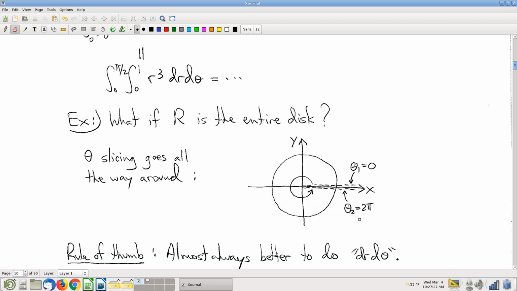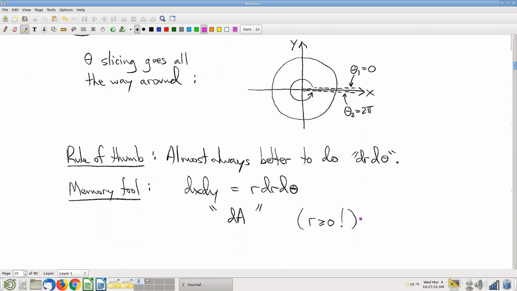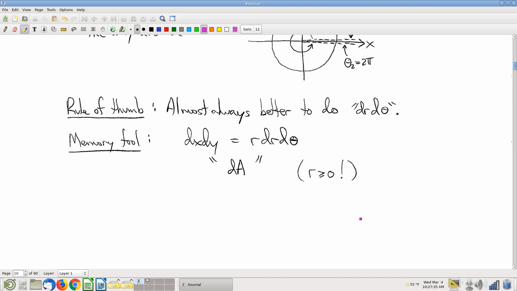Okay. Just like with rectangular coordinates, you can slice in either direction. It is fine to do either way. You can do d theta dr if you want. The only thing is, it is almost always better to do the slicing in this order. It's just more common than not that we think of r as being a function of theta.